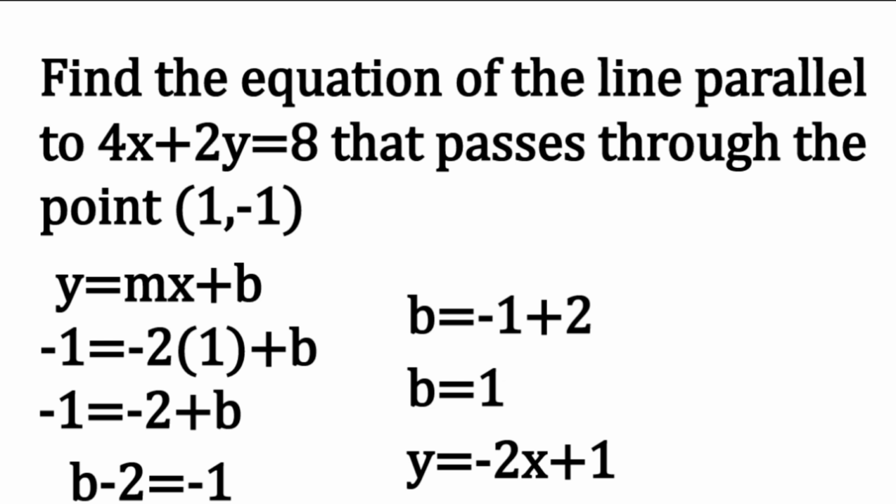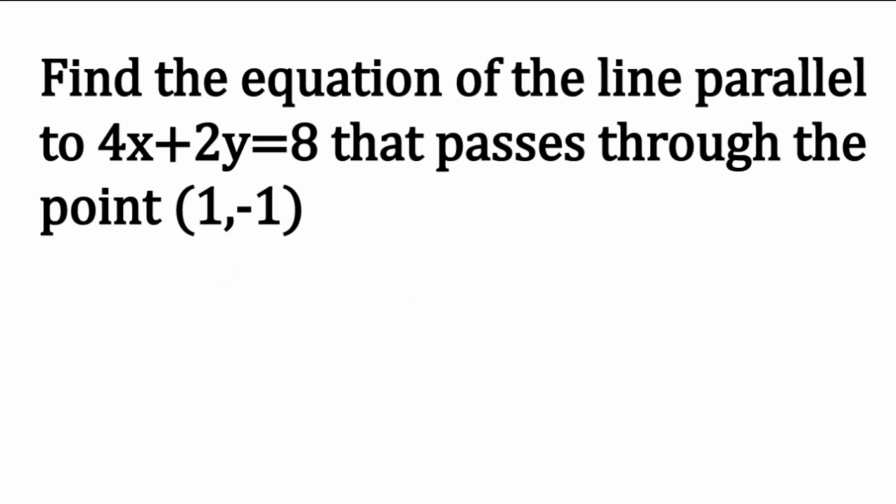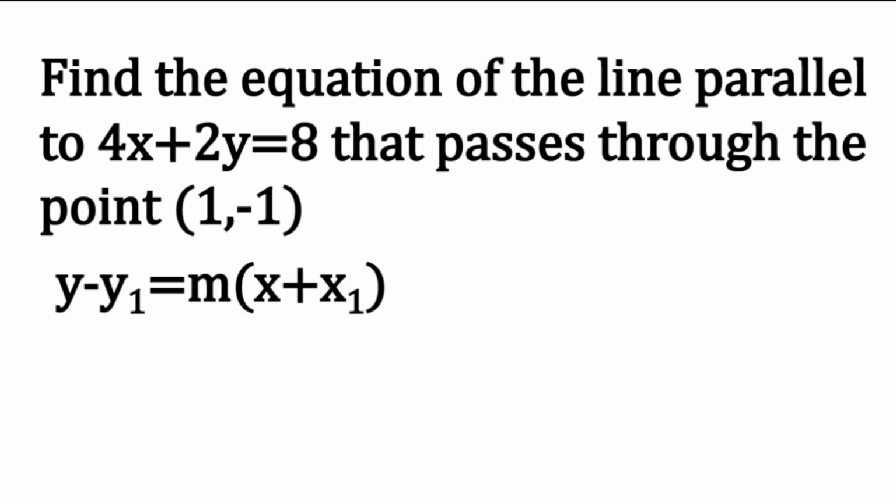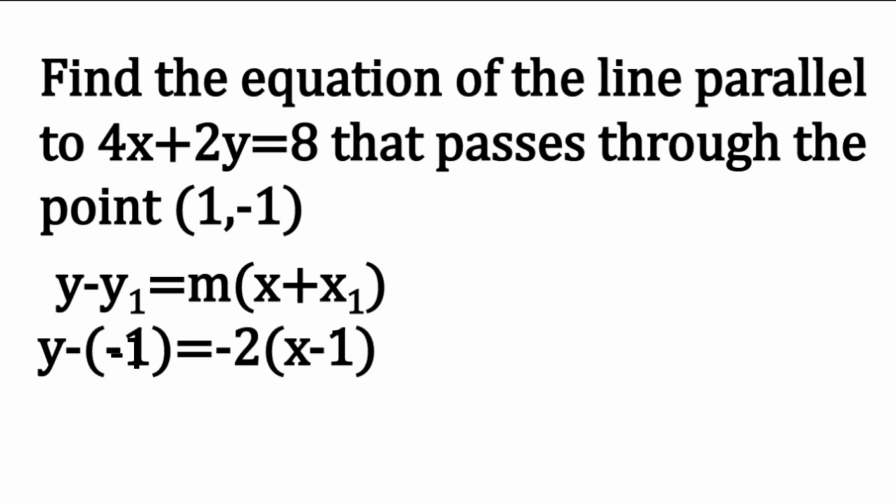And we can also use the point-slope form, y minus y1 equals m times the quantity x minus x1. So substitute, we have our point (1, -1): y minus negative 1 equals negative 2, which is the slope that we solved, times x minus 1, this is the 1.